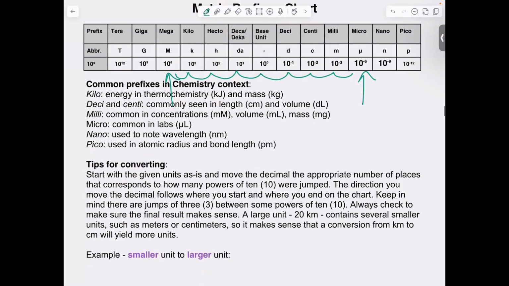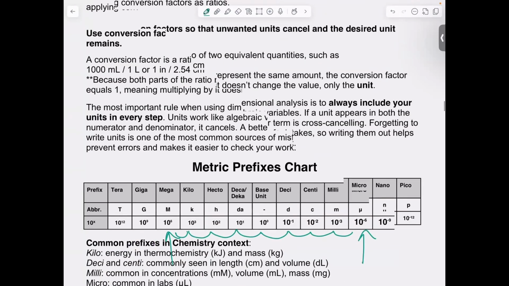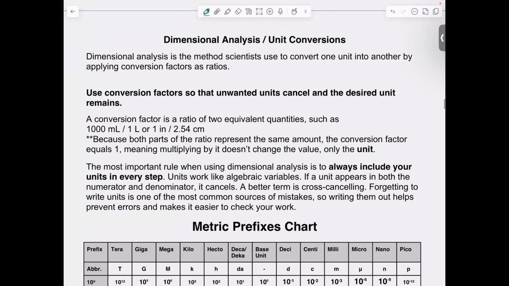I'm just scrolling to the back here to do a quick recap. We did dimensional analysis. We worked on some pressure conversions, inches to feet. Those are just your standard one-step conversions. We also worked some metric conversions, and that's just knowing the spacing between all of your prefixes, okay?